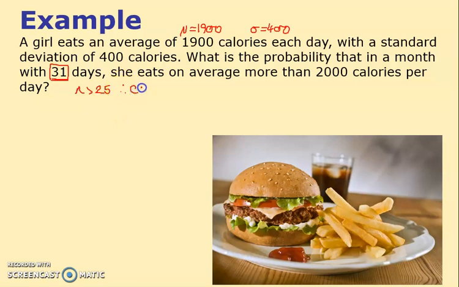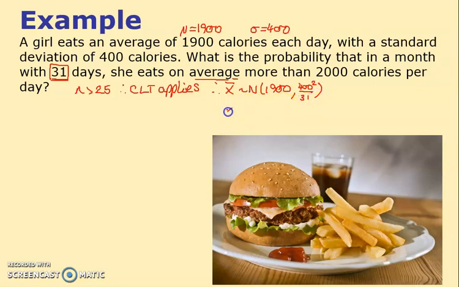And therefore we can write, therefore the CLT, this is often an abbreviation used for the central limit theorem, can be applied. So the central limit theorem applies, therefore x bar, because we want to know how many calories on average she eats per day, x bar is normally distributed 1900, notice, normally we write 400 squared, but because this is the central limit theorem, we divide the 400 squared by 31.